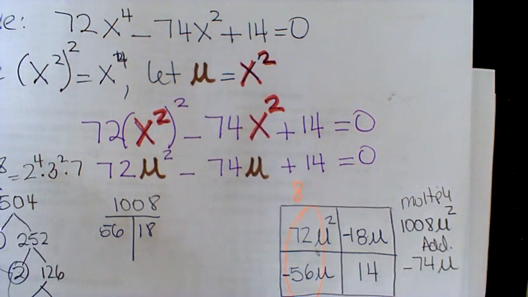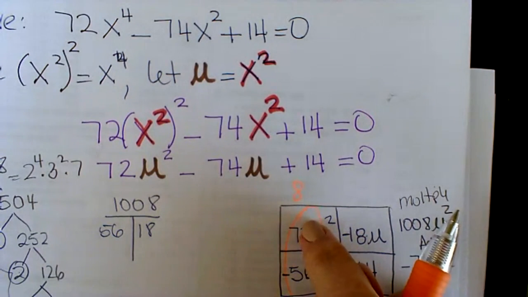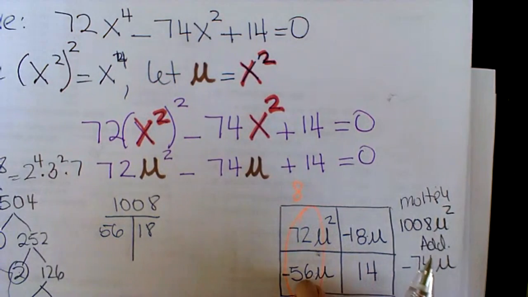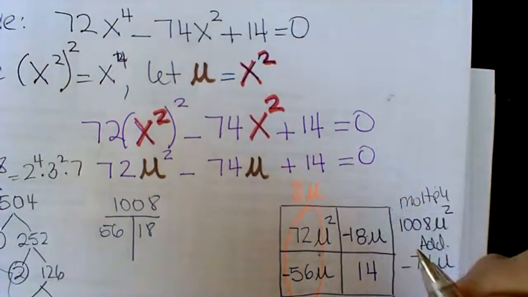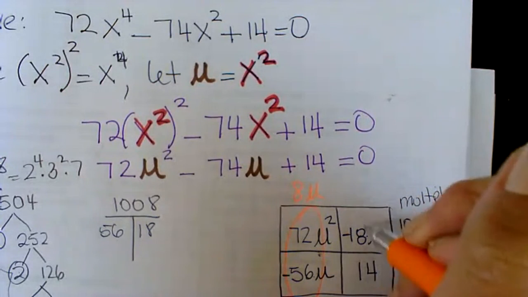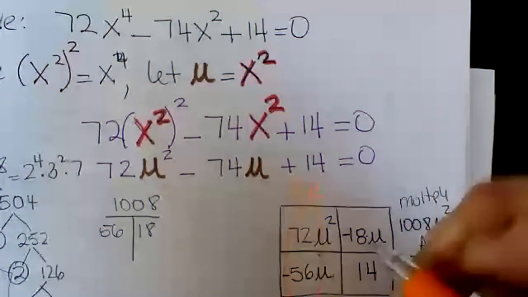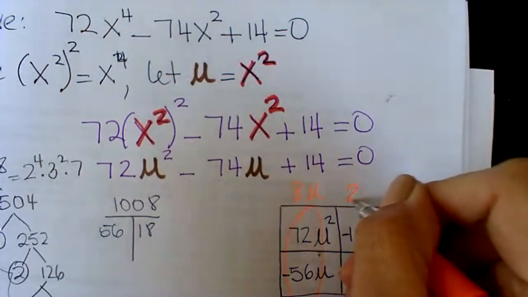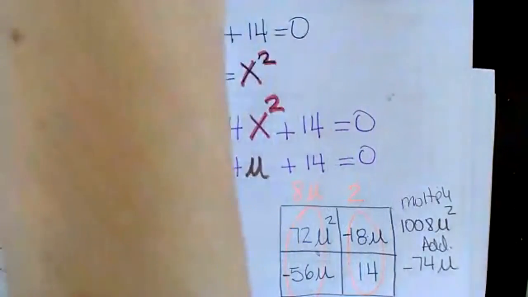Because 8 times 9 is 72, and 8 times 7 is 56. Now let's do this one. 18 and 14. Just 2. I can't think of anything else that they have in common.